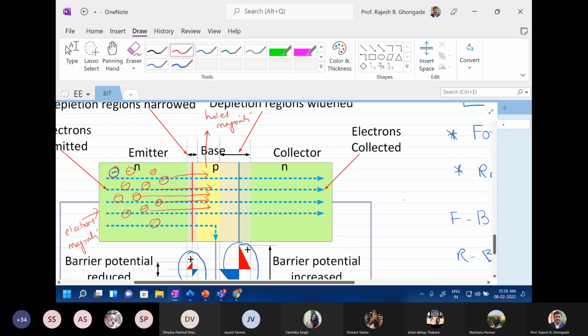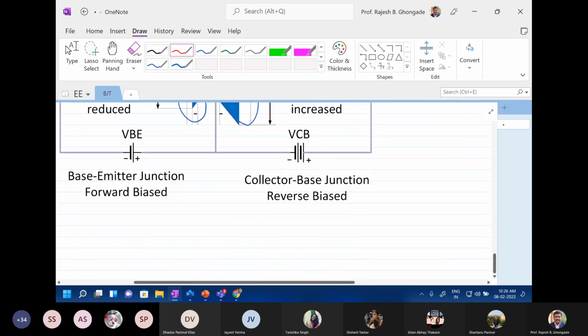And that is, I will repeat it here, that forward bias aids the flow of majority charge carriers.